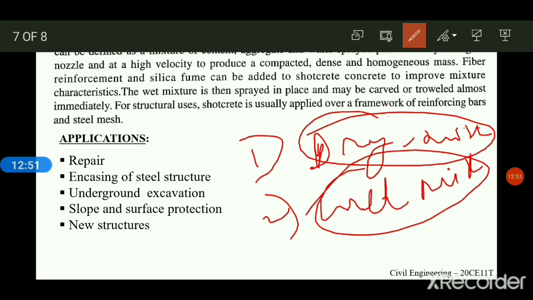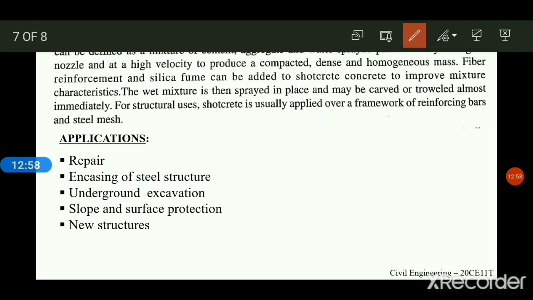Applications of these shotcretes: it is used for repair works. It can be used to repair the damaged surfaces of concrete, steel, and even wood structures. It can be used for rehabilitation of bridge decks, though it is uneconomical to use shotcrete for full depth repair.